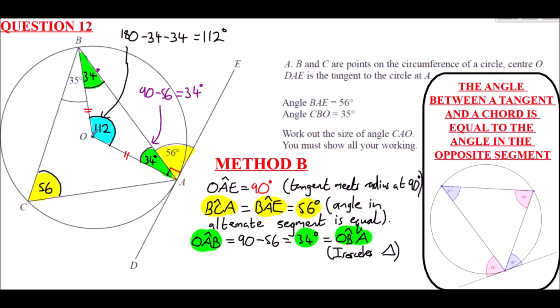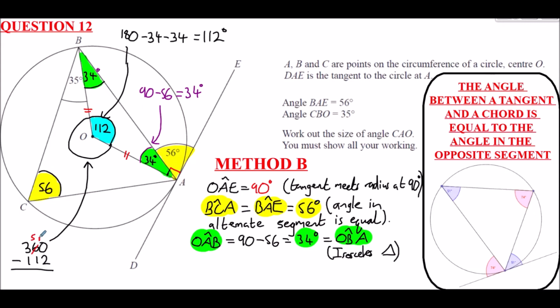So angle around O, well, we should know that angles around a point add up to 360 degrees. And so this angle here around O is going to be 360 subtract 112. Okay, so 0 take away 2 we can't do, so we borrow 1 from the 6, which becomes 5.